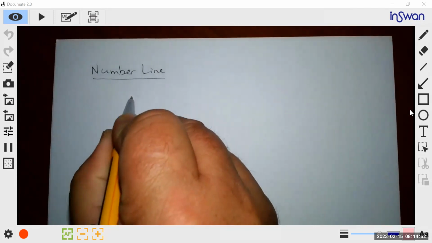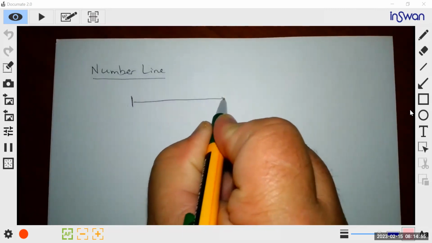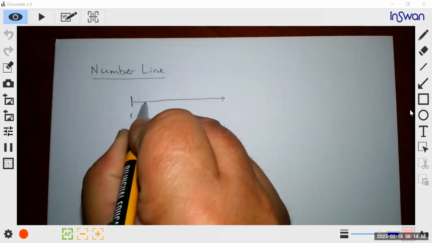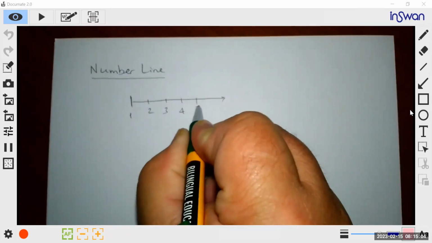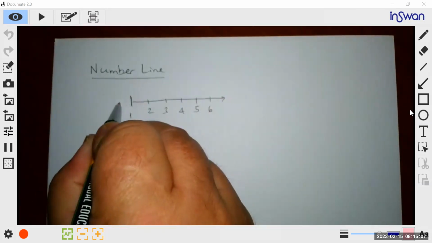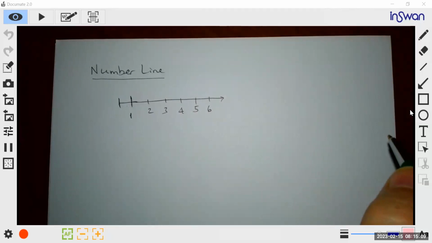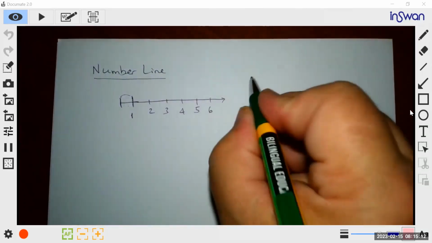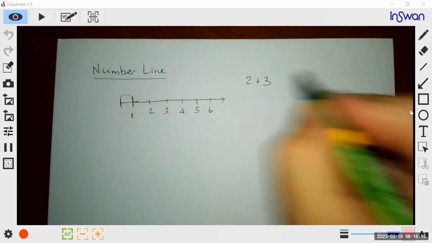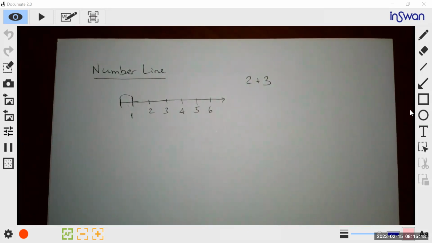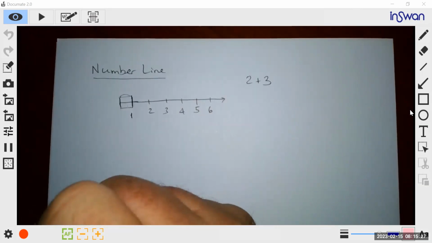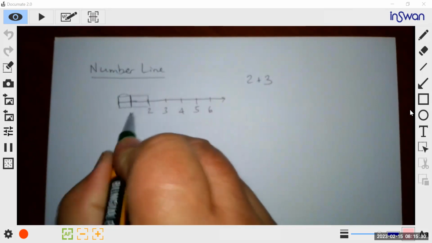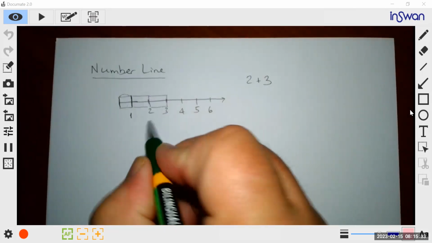If we're dealing with counting numbers, I should start from here, so that's 1. Because this first box represents 1 unit. This second box represents 2 units. This third box is 3 units, and so on and so forth.